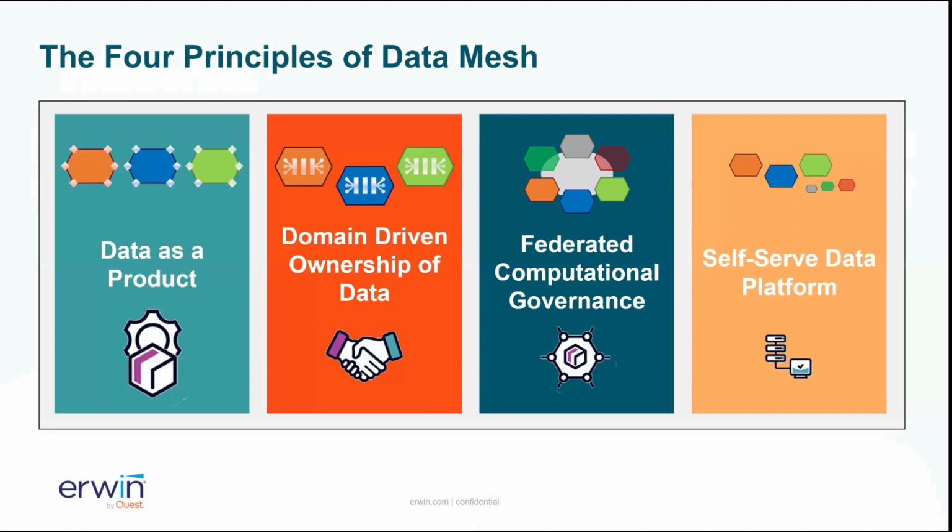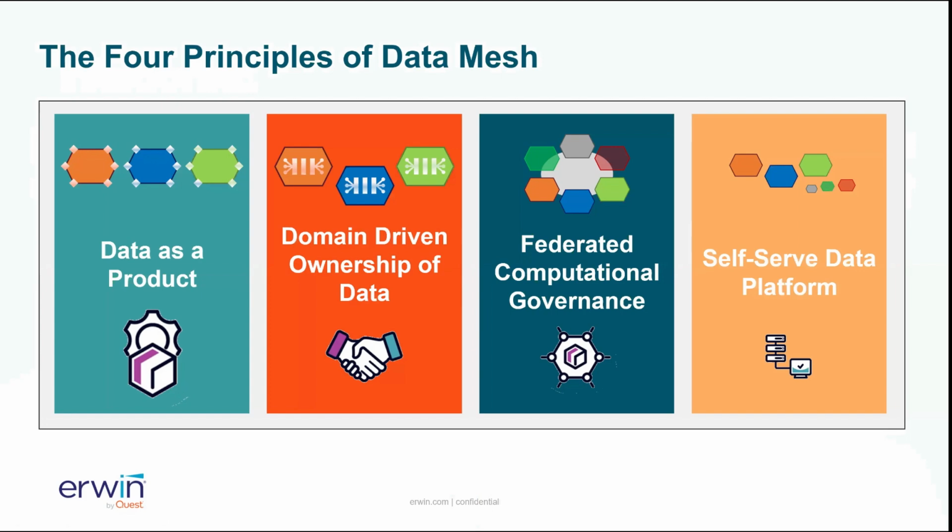Just to remind you, data mesh talks about four principles or four pillars. So, data as a product, so being a bit more serious about the data that you send out for analytics purposes. Domain-driven ownership of data. That's pushing out the ownership of the data to separate teams and giving them primacy over their data areas.